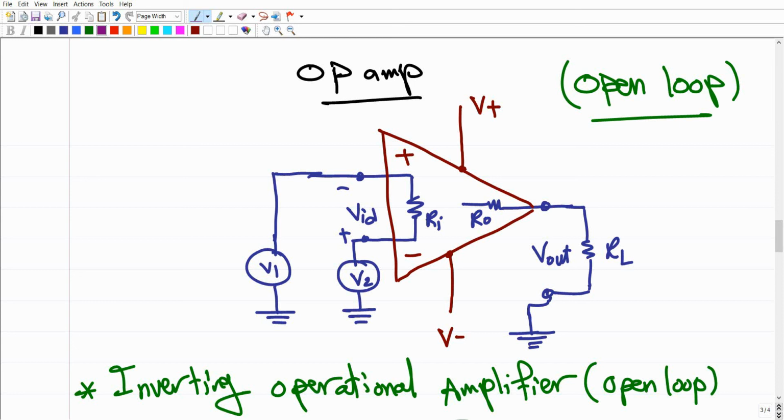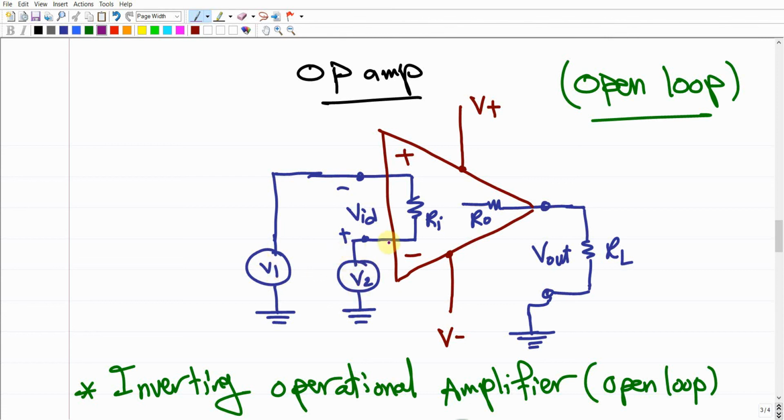Now let us consider the simplest configuration of the operational amplifier, the open loop amplifier. This is the typical schematic representation of the amplifier. These are the two input signals, V1 and V2.